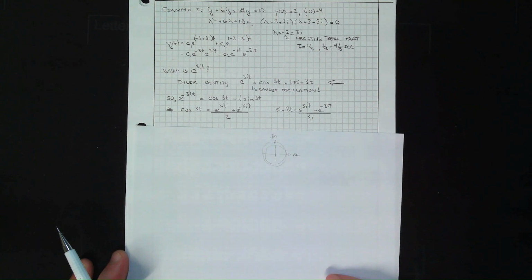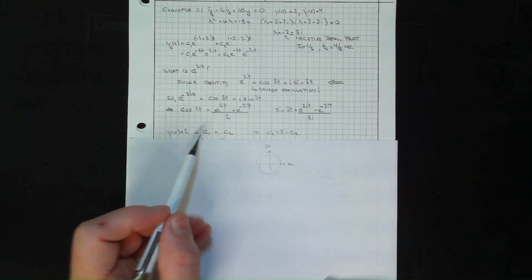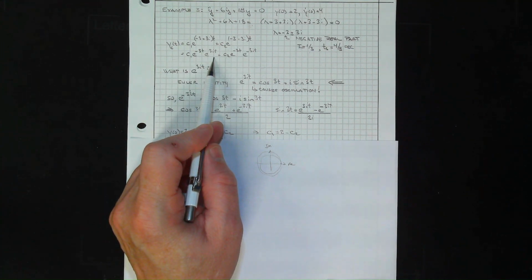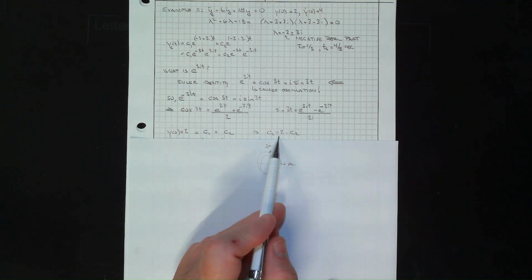We would solve this in the same way. y0 equals 2. Plug zeros in here for t, and you're just going to get C1 plus C2, and we can solve for C1.